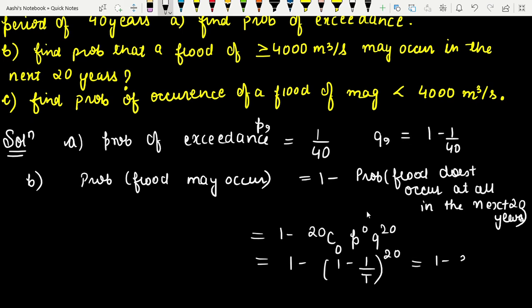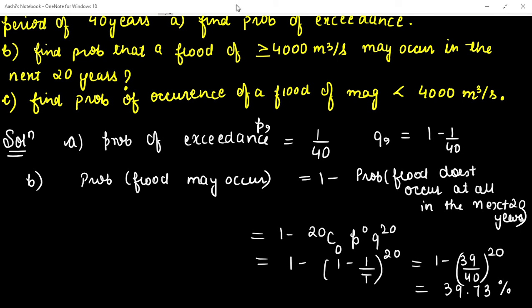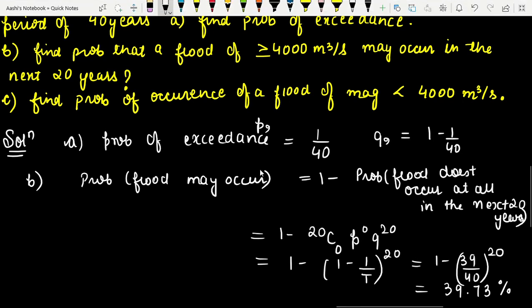So I can write 1 minus (39 upon 40) whole to the power 20, which the value of this is approximately 39.73. This is how you can find the probability that this event may occur in the next 20 years.